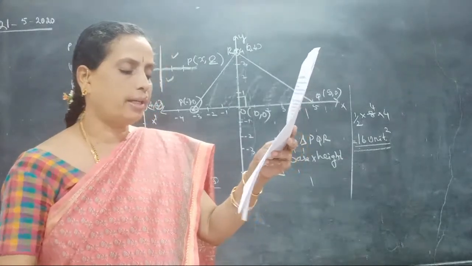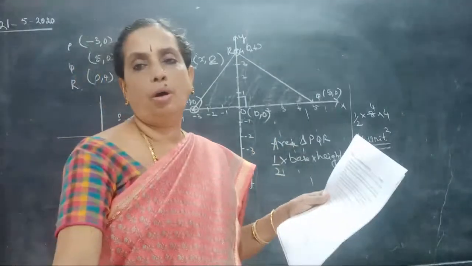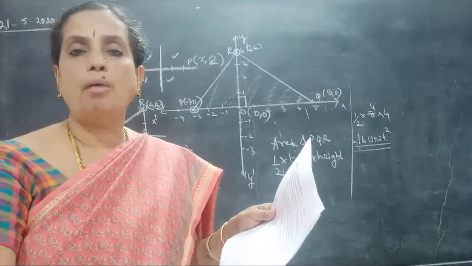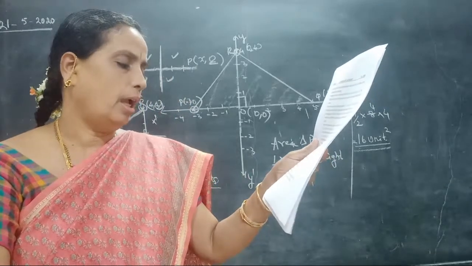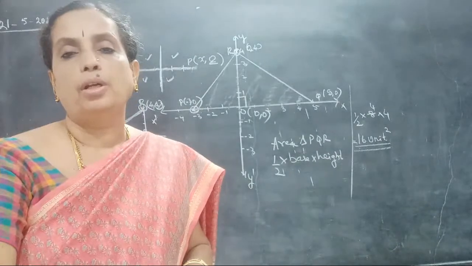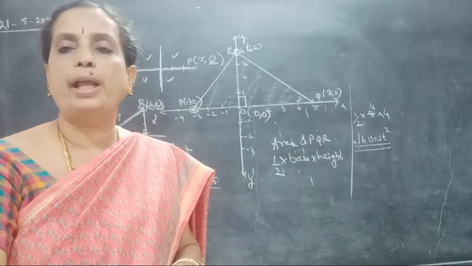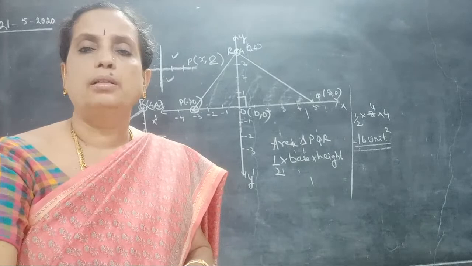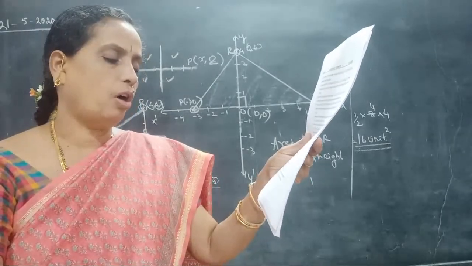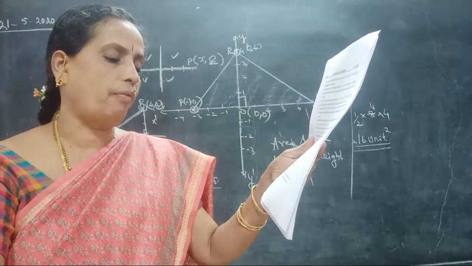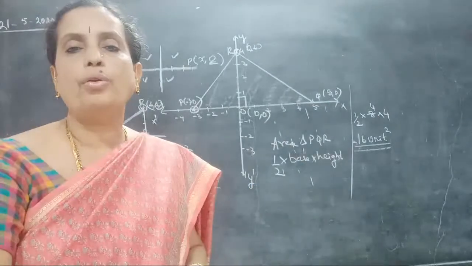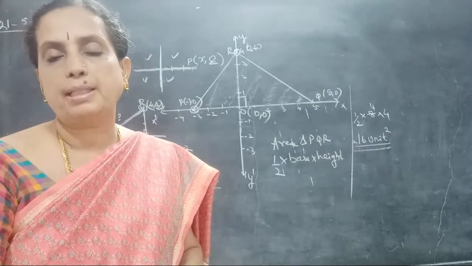The coordinates of the origin are, same question repeated, (0, 0). A point both of whose coordinates are negative, negative, lies in the third quadrant. The point P(4, 3) is at a distance of 4 units from the y-axis.